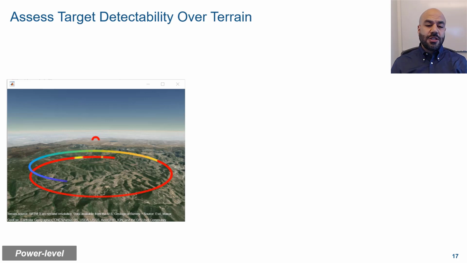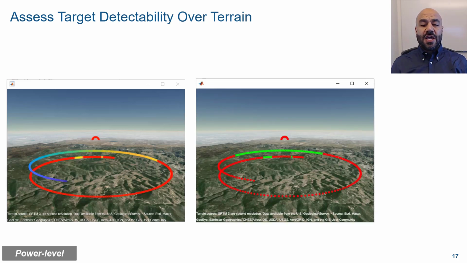You can also take into account the effects of signal processing. For example, the gain that you obtain by applying pulse integration, and generate a detectability map across this trajectory. In this example, we see that this target within this trajectory is only detectable within a very short duration of this trajectory. This is useful when you want to decide where to put your radar to be able to ensure that certain targets within certain trajectories are detectable.